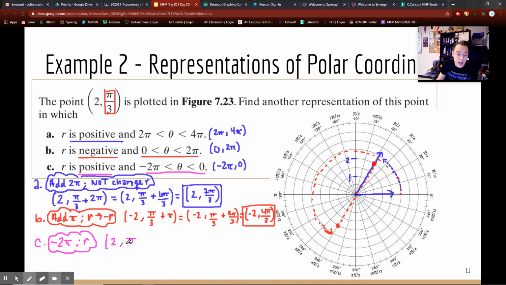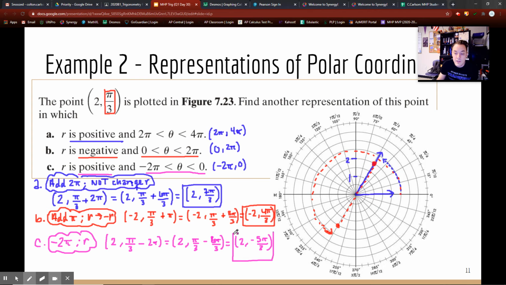What does this equal? Well, I'm going to have pi over 3 minus 2 pi. So this equals 2, because the r is the same. And then this is comma, pi over 3 minus 6 pi all over 3. And this will actually equal 2, comma, negative 5 pi all over 3.